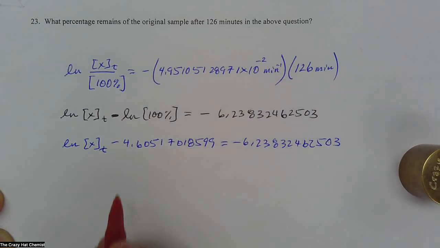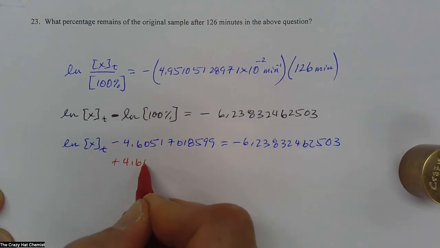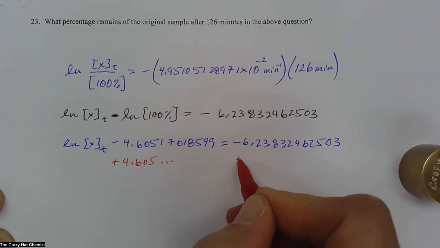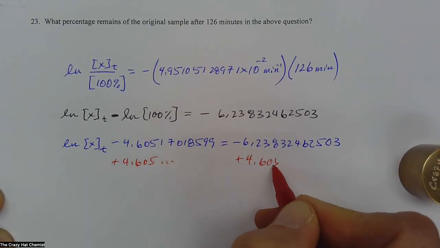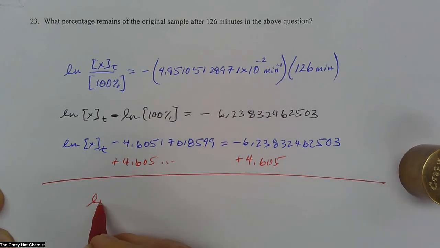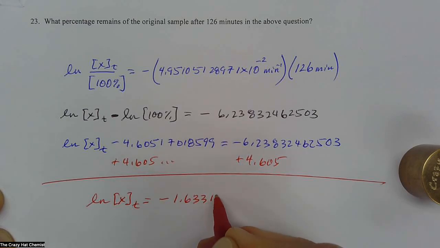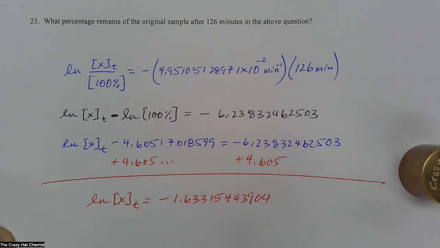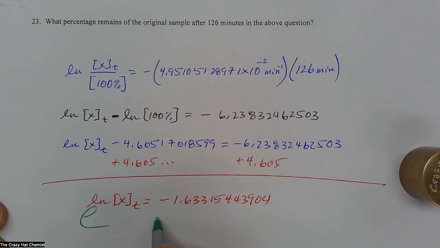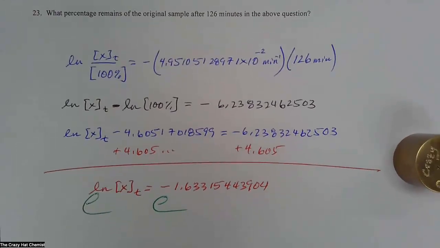What we're going to do is add 4.605, etc., to both sides. Natural log of x sub t is equal to negative 1.63315443904. And now what we need to do is take this to e, and let me zoom on out just a little bit so you can see all of this here.